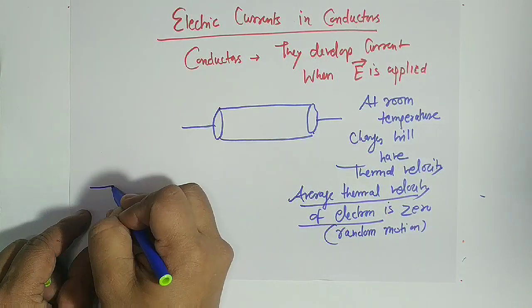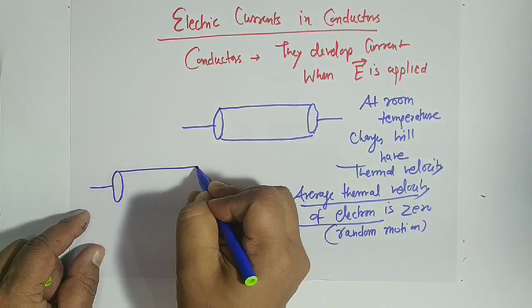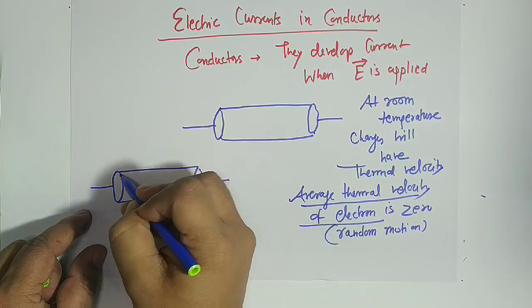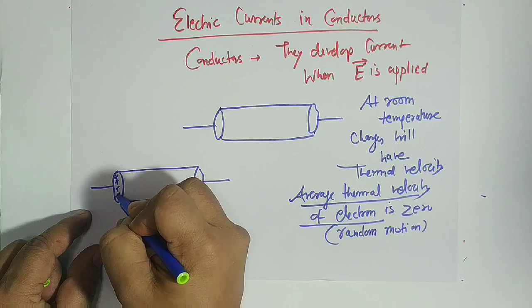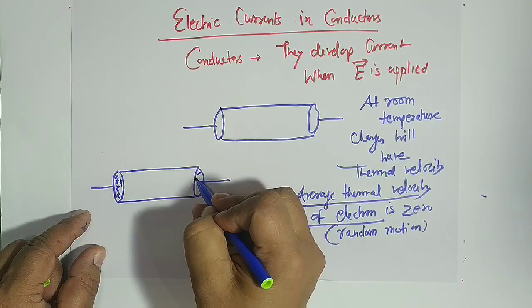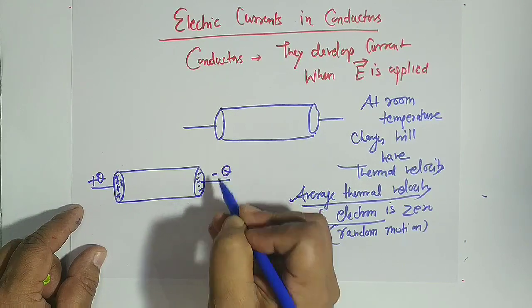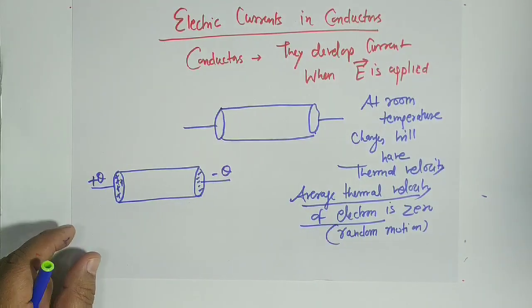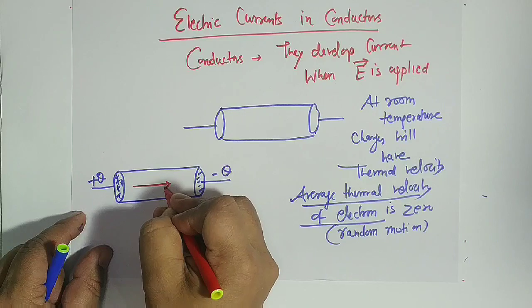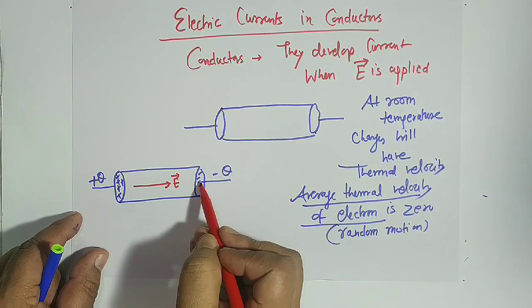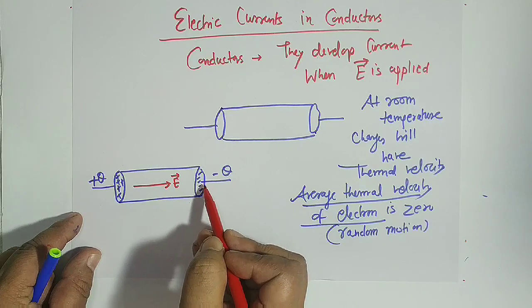Now if I apply, say, if I put one end at positive charge, are you getting it? And the other end at negative charge. Here it is plus Q, here it is minus Q. Do you know what will happen? An electric field will develop inside it. And because of this positive end, the negative electrons will flow.